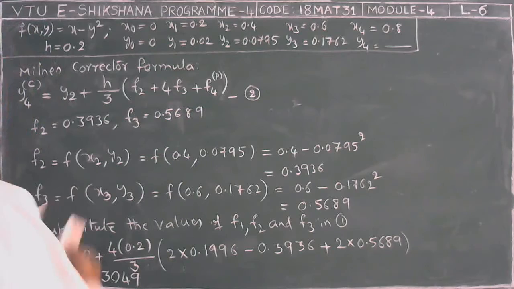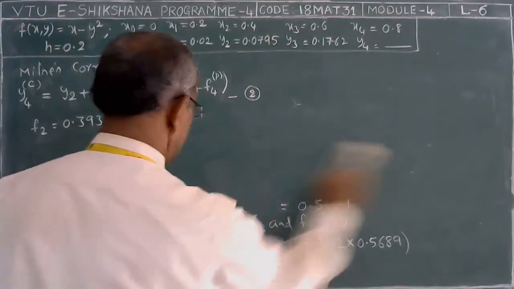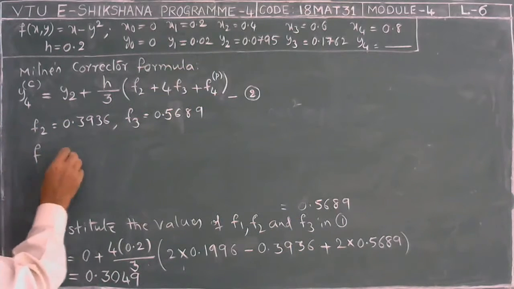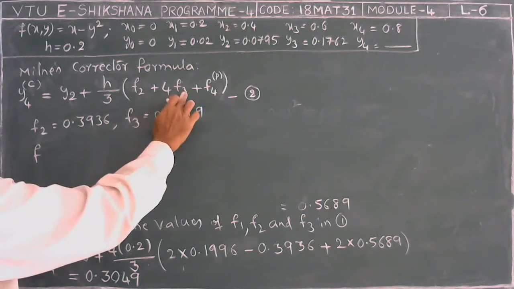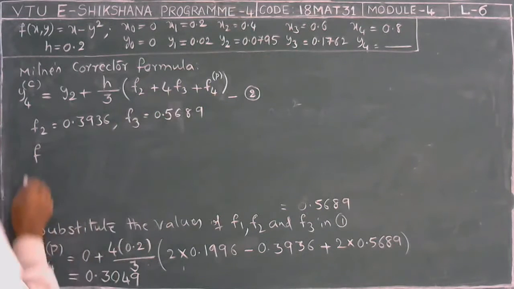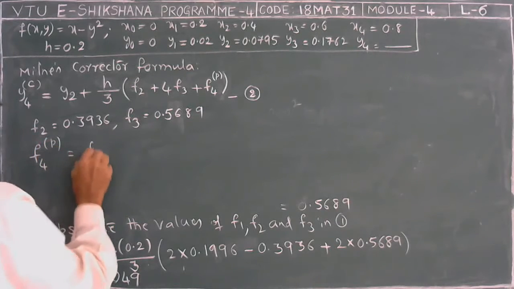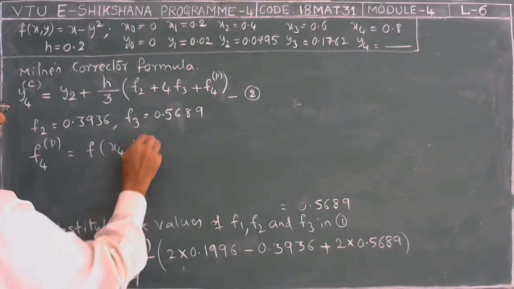Then I have to compute f4p now. I know f2 by the previous value, f3 also I know, f4p I have to calculate. f4p by definition is f of x4 comma y4p.